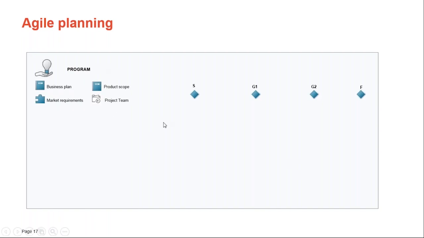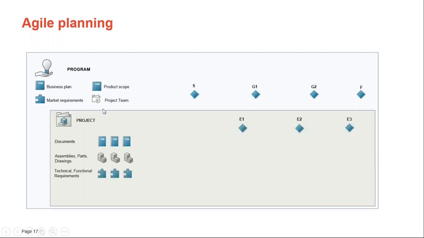You'll create a program which will have a start, an end, and then different gates in between. You will be managing all the business plans, market requirements, and the other respective deliverables and documents as part of that program. Each program will have multiple projects, and then the respective documents, 3D models, assembly parts, drawings, and different requirements would be managed in the context of those projects.